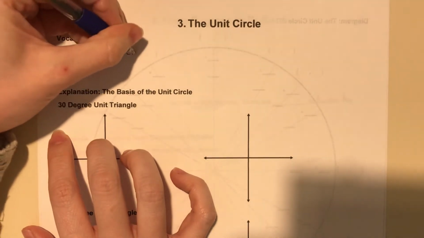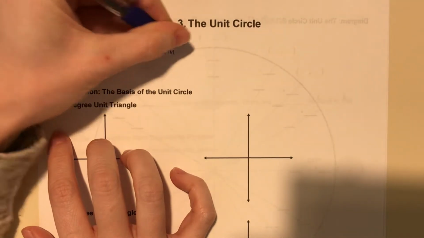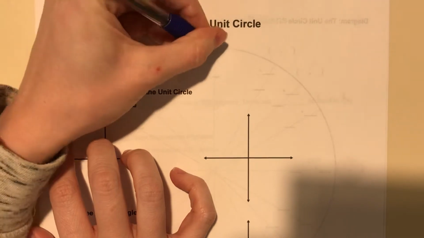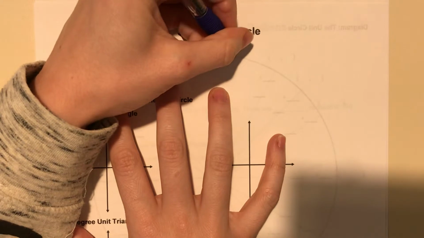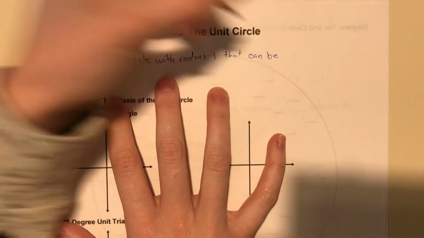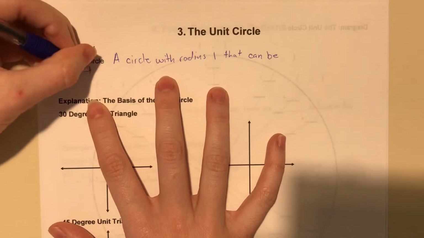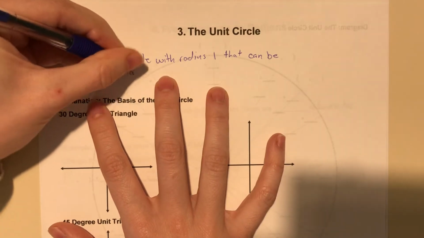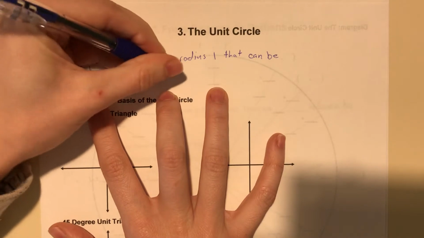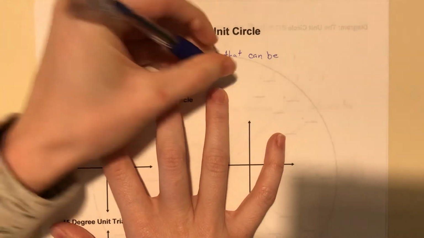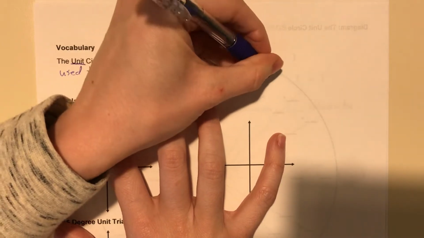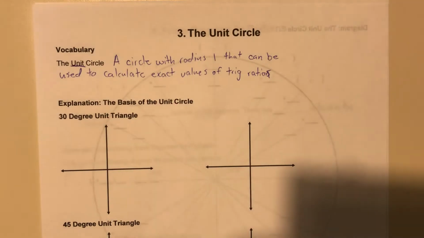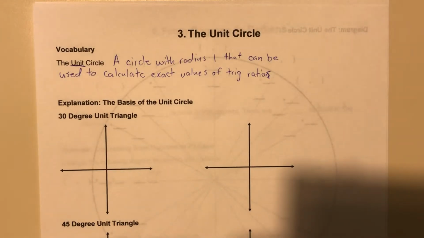So a circle with radius 1 that can be used to calculate exact values of trig ratios.